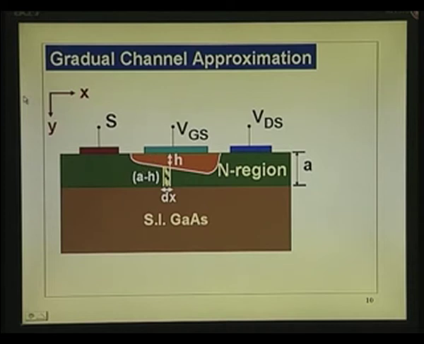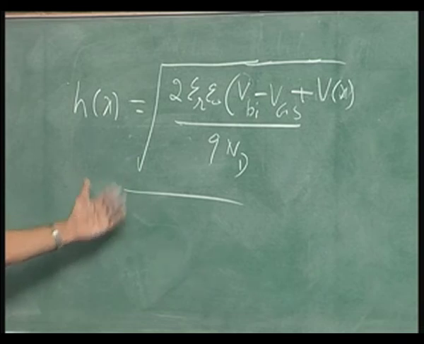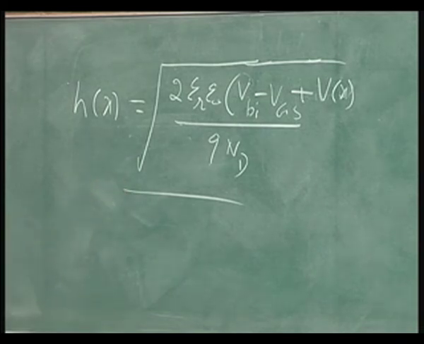If I call it y and that x, perpendicular to the channel is y, parallel is x. So what we assume is, even though there is a field in this direction because of the VDS, that field is negligible compared to the field in the y direction. That is the assumption that we make. Then only we can write this equation strictly, because the electric field is completely one dimensional in that direction.